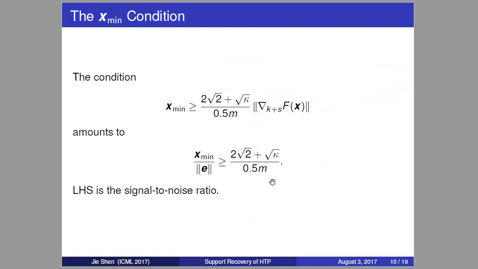The weakness of this theorem is that it does not guarantee that HTP always recovers the support. So sometimes HTP may terminate too fast, and we cannot say anything about the iterate. So we need to strengthen this result by assuming RIP or relaxing the sparsity.